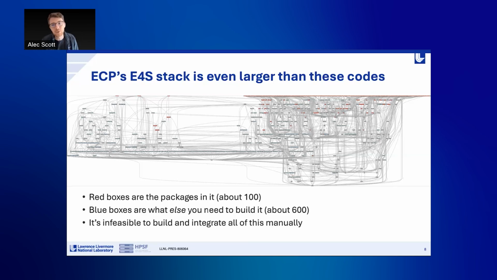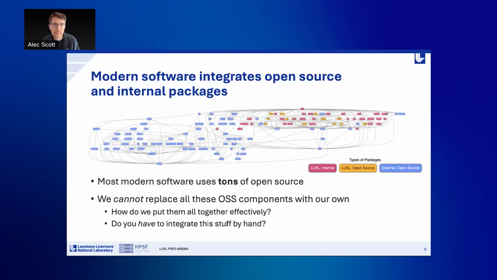It is impossible to try and integrate and keep all of this up to date if we didn't have tools like Spack and other package managers to coordinate all of the builds, coordinate all of the linking. We'll talk about how Spack uses RPATHs to point at specific dependencies a little bit later on. But a lot of this would be an impossible task.